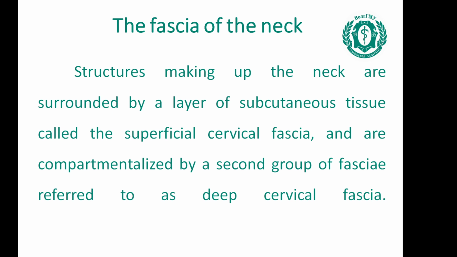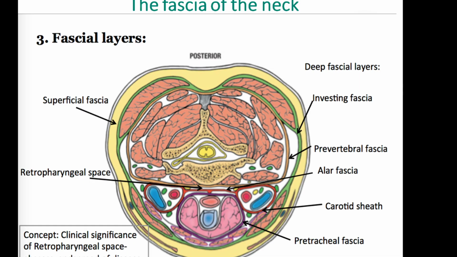Structures making up the neck are surrounded by a layer of subcutaneous tissue called the superficial cervical fascia and are compartmentalized by a second group of fascia referred to as deep cervical fascia. Here you can see the cut of the neck on the level of the sixth cervical vertebra, which is more representative.